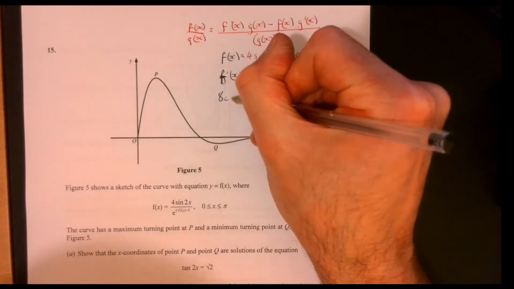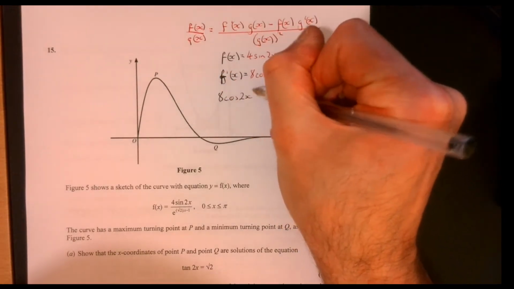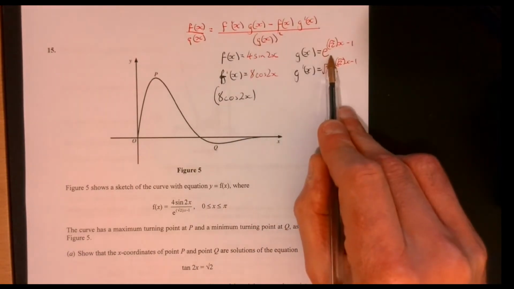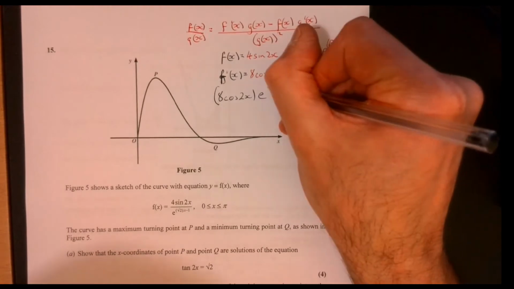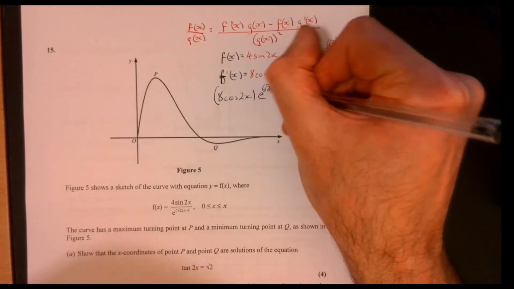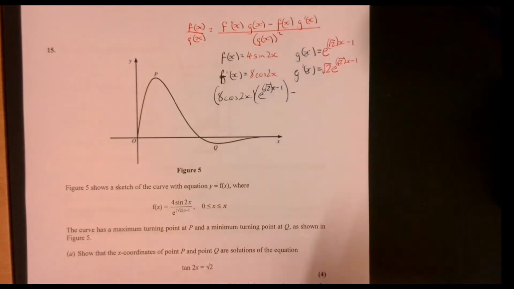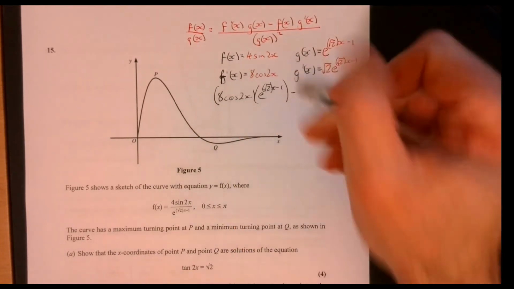So we've got 8 cos 2x. Going to multiply that by this part. So e, and then we got this horrid looking thing just here, and then take away this part.